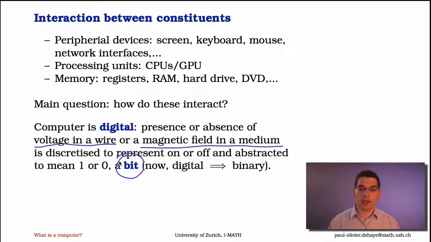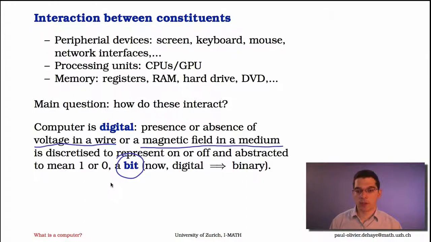I said the computer is digital, and then I went all the way to using bits. But actually, this is only nowadays. You could have digital computers that are not using bits, that are not binary, but binary has always been the most efficient way of doing things.